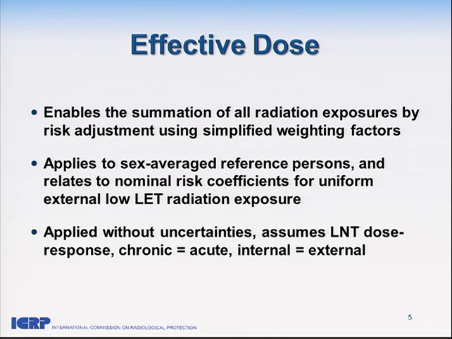It's calculated, as you've seen, in reference phantoms and applies to a sex-averaged reference person, and it relates to nominal risk coefficients for uniform external low LET radiation exposure. It's applied without uncertainties, and importantly, there are key assumptions, including the assumption of a linear non-threshold dose-response relationship and the equivalence of chronic and acute exposures, internal and external exposures.